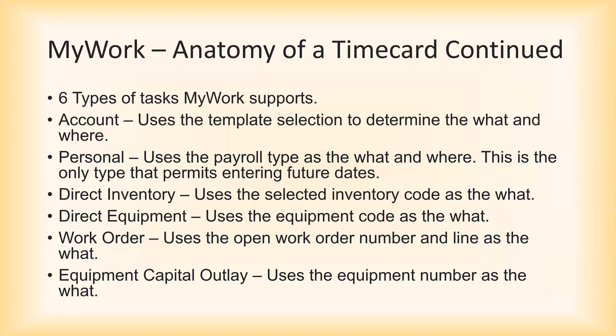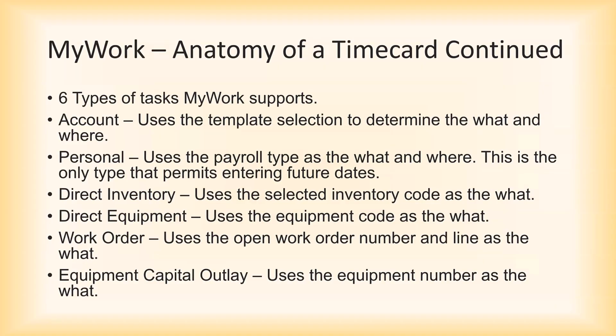Direct inventory. This is if you're going to do labor, usually labor to a pit or something like that, where you're increasing the value of the material that's there because you're doing labor to it.